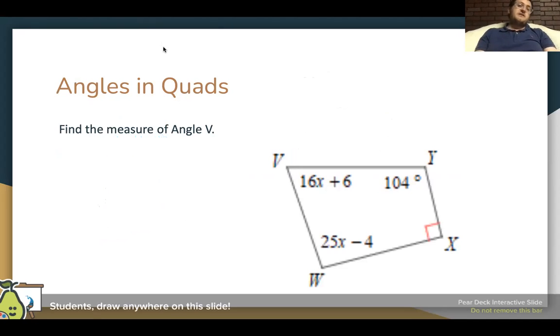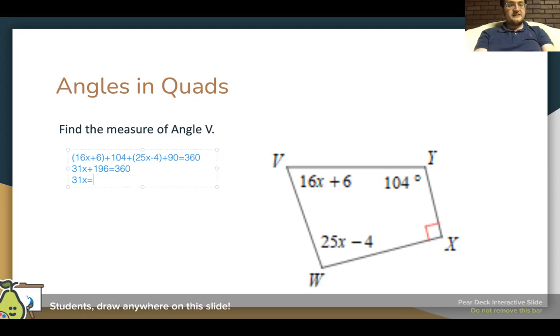And then for this one, slightly different flavor of question, but same idea. So I'm going to add each angle. So I have 16x plus 6 plus 104 plus 25x minus 4 plus 90 equals 360. I'm going to combine like terms. So I got 16x plus 25x. That's 31x. Then I'm just going to add the numbers together. So I got 110 minus 4 is 106 plus 90. That's 196. Got 31x is equal to 360 minus 196.